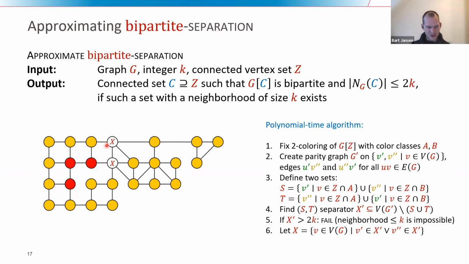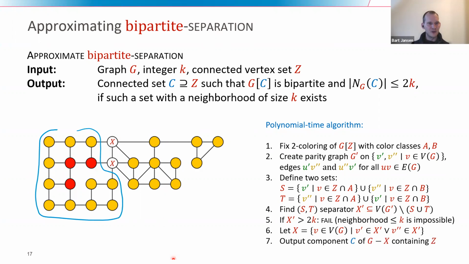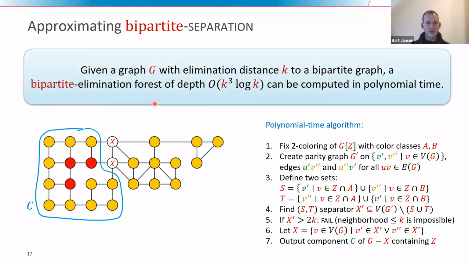And in this case, we get this connected component that contains Z, and it's precisely the solution that we wanted in this problem. So in this way, we can reduce the problem to finding a min-cut in a graph, which is solvable in polynomial time by min-cut max flow techniques, which means that given a graph that has elimination distance k to be bipartite, you can actually find a corresponding bipartite elimination forest in polynomial time. And this will be a poly-opt approximation to your bipartite elimination forest.